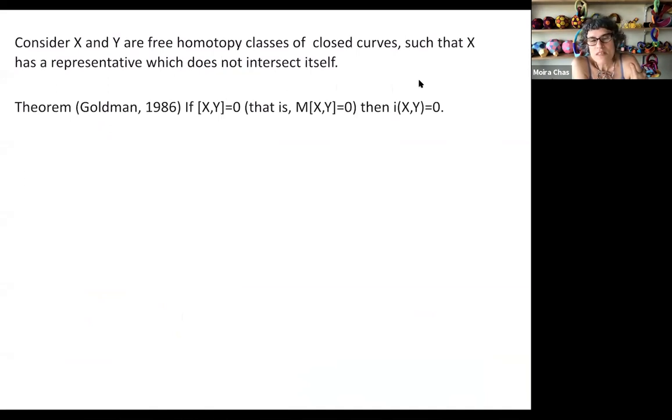So in some sense, this equality between M and I that I wanted to hold works under restricted circumstances. Then I proved that this also works with intersection number: if one of the curves is simple, then the bracket does count intersection.